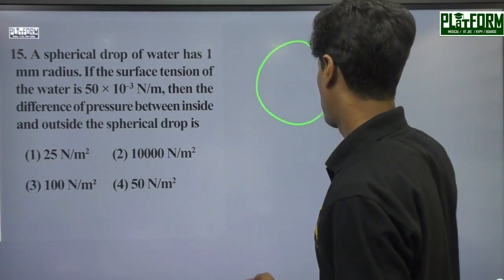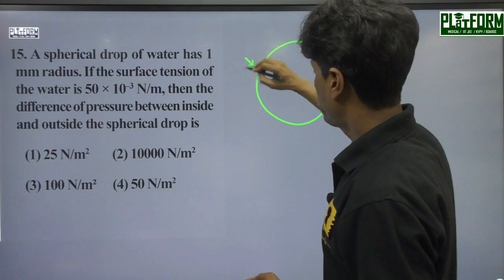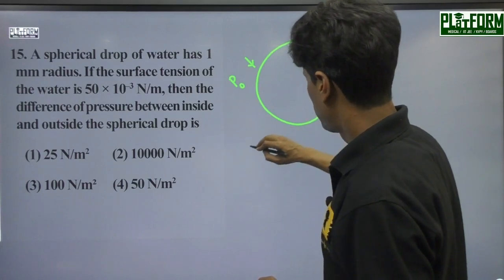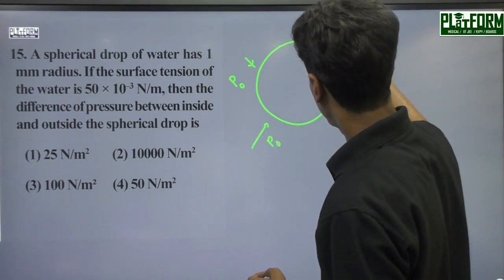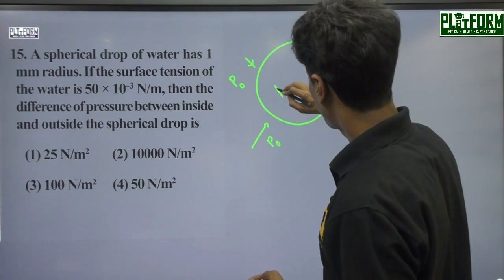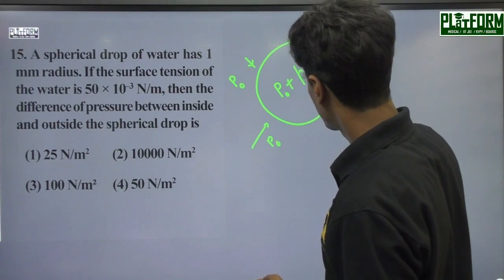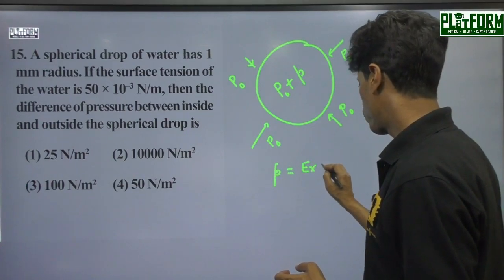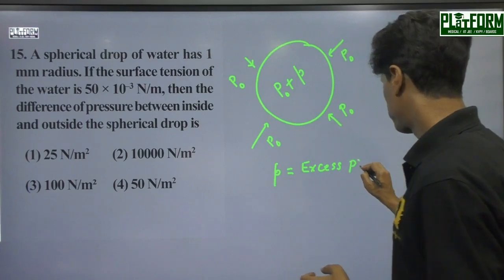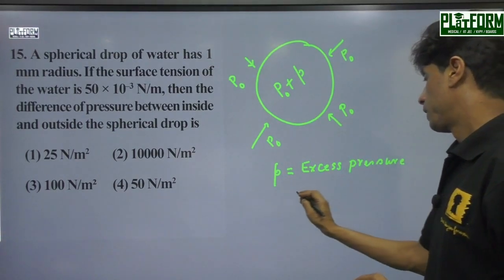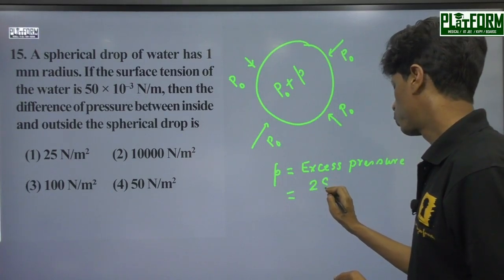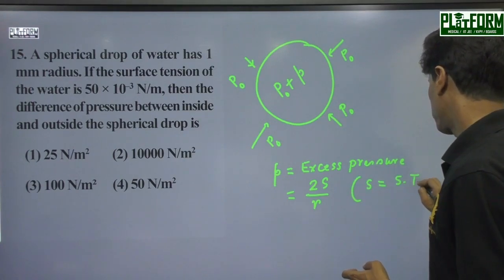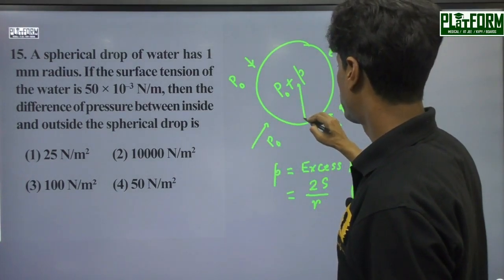This is a spherical drop, and outside it is P naught, the atmospheric pressure, in all directions, and inside you get the pressure P naught plus P. P here is the excess pressure due to surface tension, 2S by R. Here S is the surface tension and R is the radius of the spherical drop.